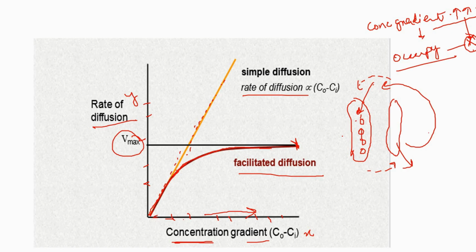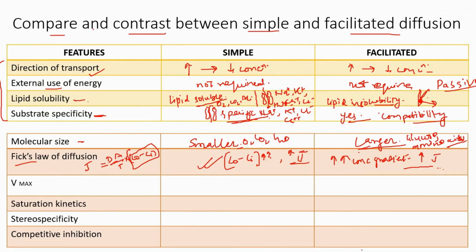Now we are moving again to our table, comparing and contrasting features. So Fick's law of diffusion is followed completely in simple diffusion and partially in case of facilitated diffusion. Vmax is not present in case of simple diffusion. Vmax is present in case of facilitated diffusion, that we already saw.